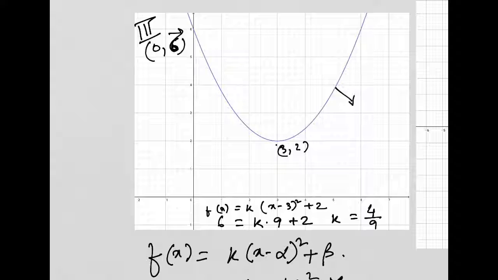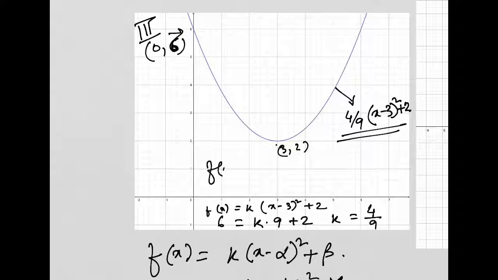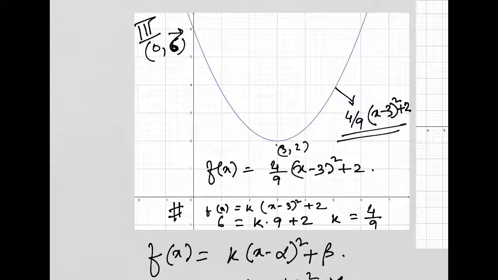So this function can be expressed this way, f(x) = 4/9 (x - 3) whole square plus 2. So from the graph also I can find the quadratic expression using this, as it is not touching my x-axis. Something has been added, so that is why I am using this expression.